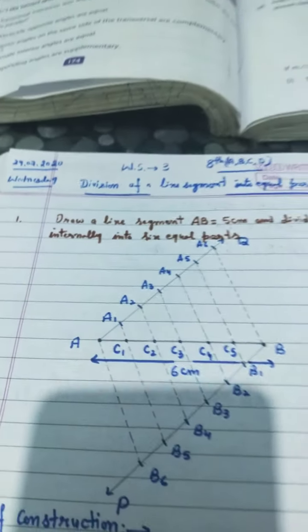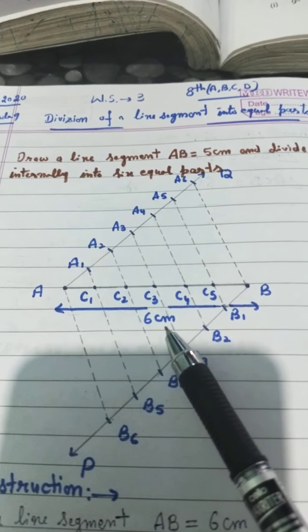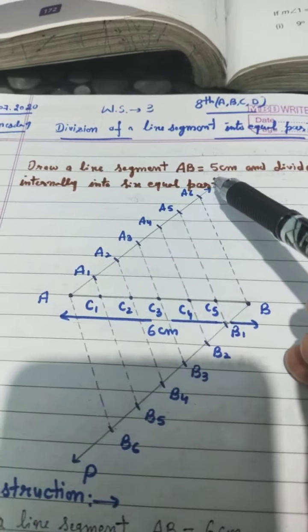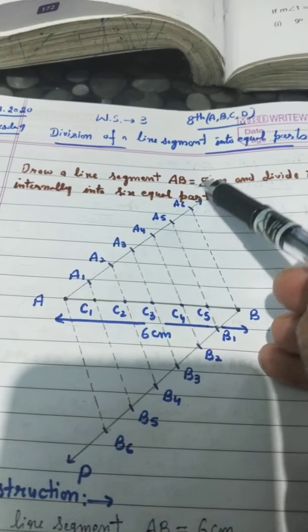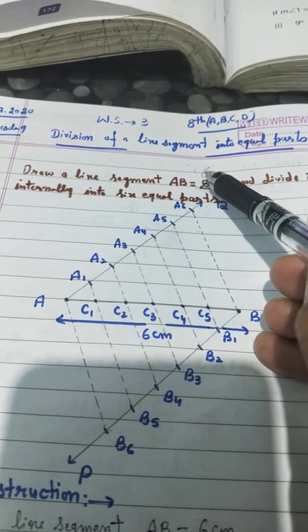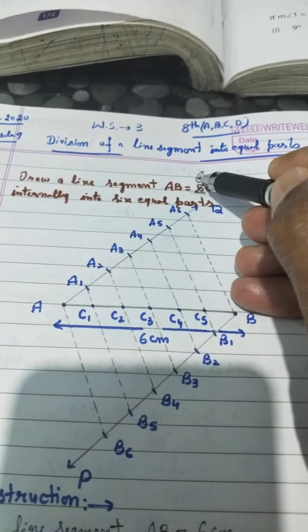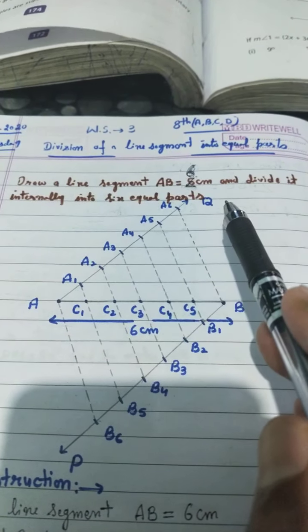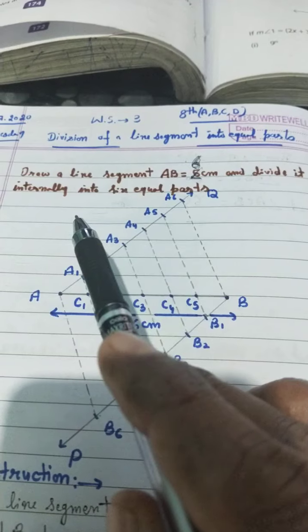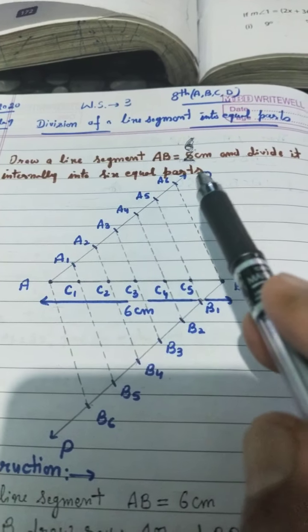In your book it is 5 centimeter, but I have taken 6 centimeter. Draw a line segment AB equal to 6 centimeter and divide it internally into 6 equal parts.